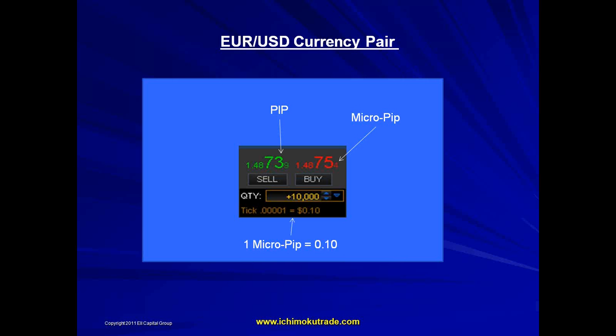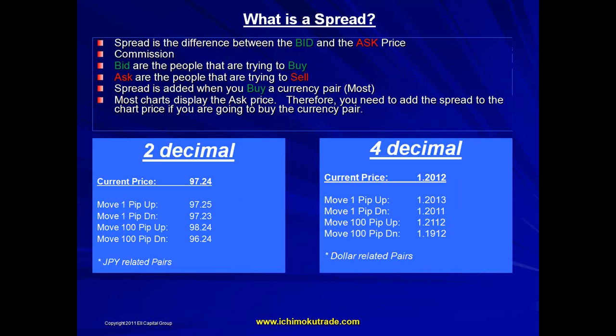Okay, let's move on. Now, here's the thing. Every one of you has got to find out on your brokerage platform, when you see a chart, are they showing you the bid price, which is the buyers, or the ask price, which is the sellers? Everyone understand that?